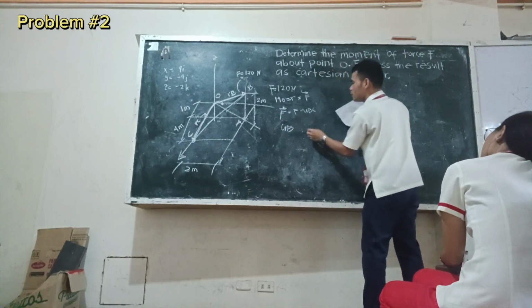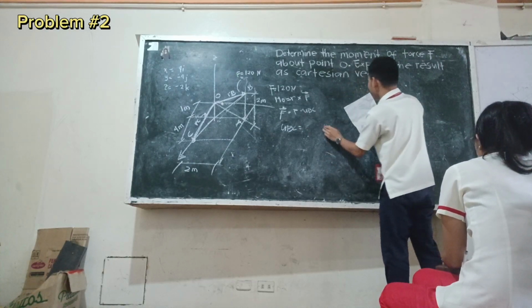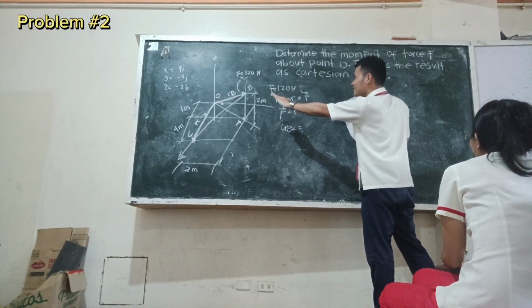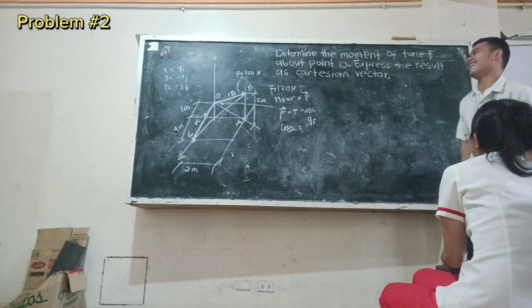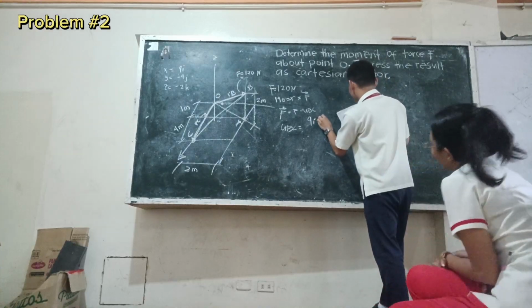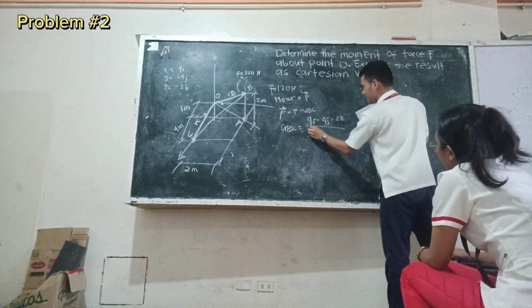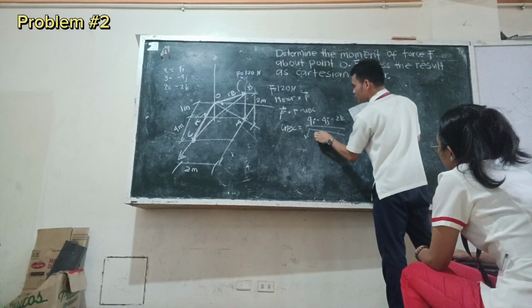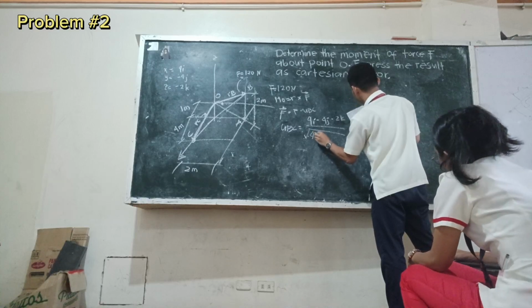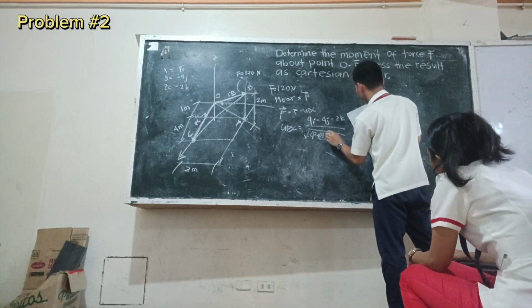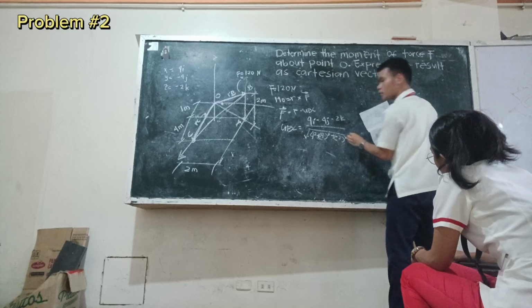Since we already know F is equal to 120, we use this equation: 4i minus 4j minus 2k over the square root of the sum of each component squared: 4 squared plus negative 4 squared plus negative 2 squared.